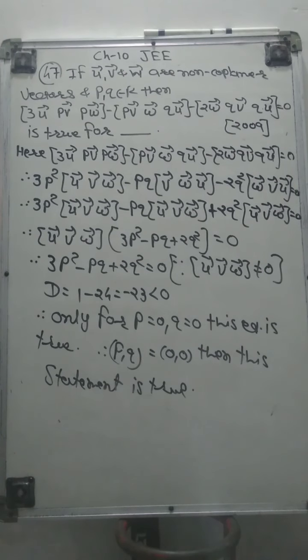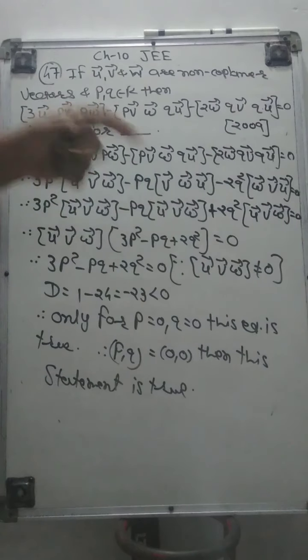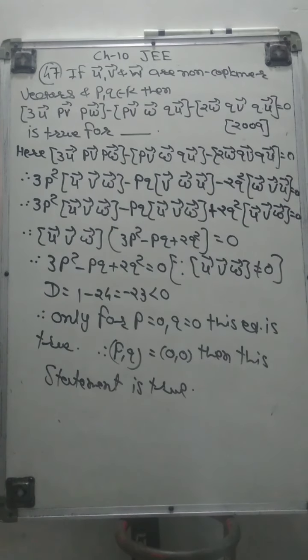So there is only p is 0 and q is 0, then this statement is true. This is a 2009 JEE question, so be careful for this type of question, right? Now we go for the next one.